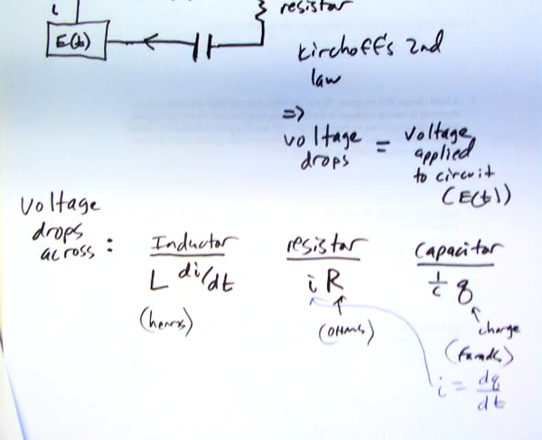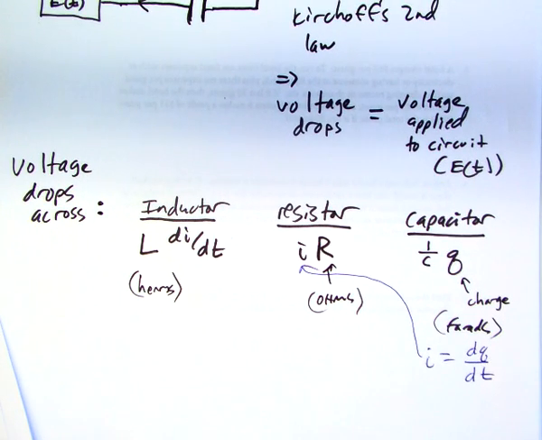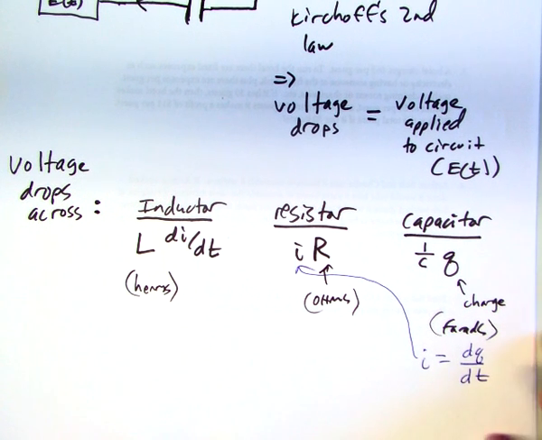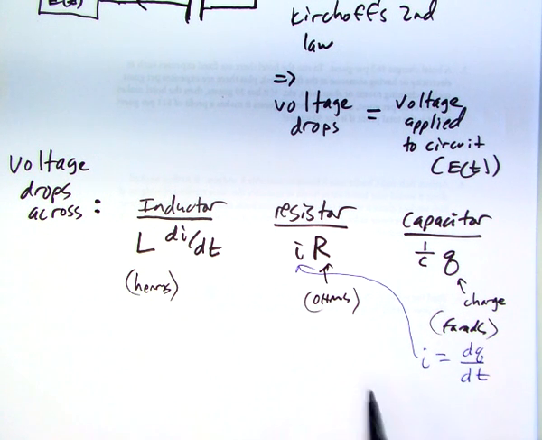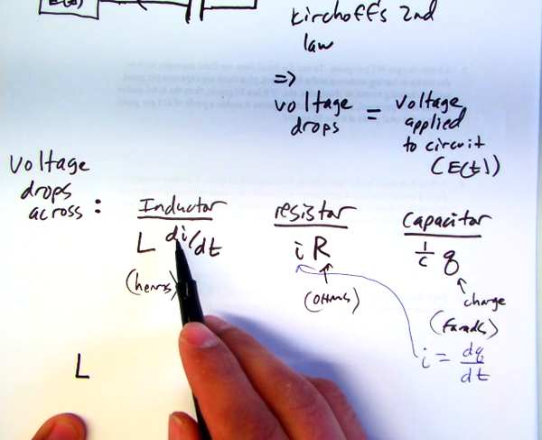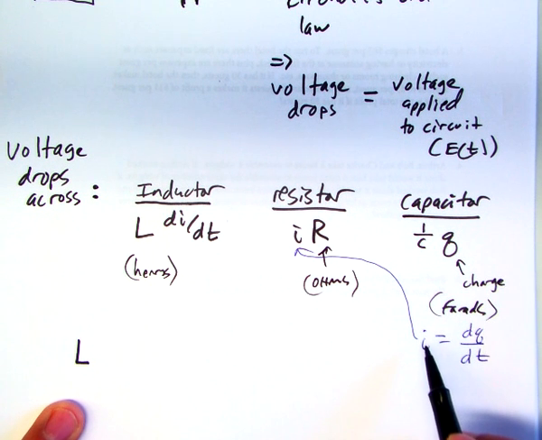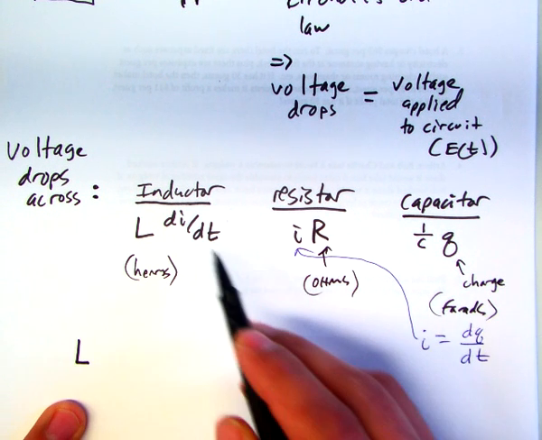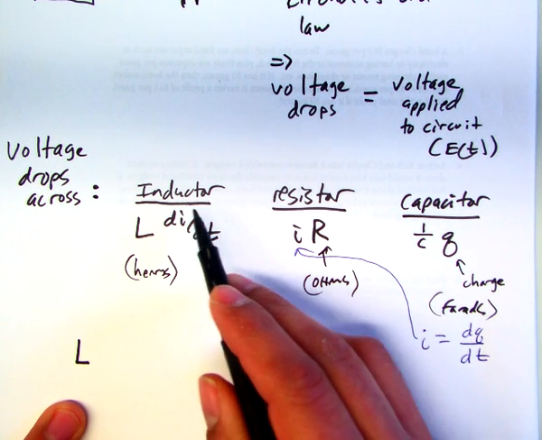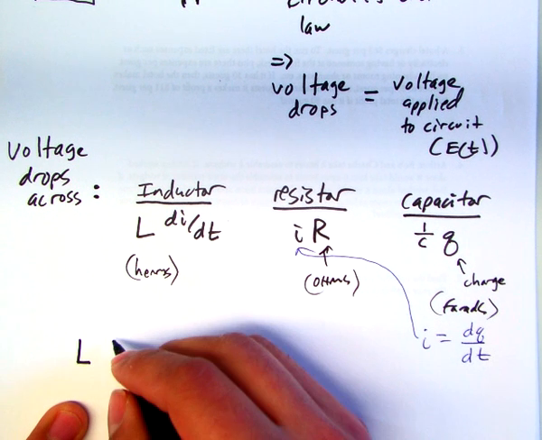And now we have a differential equation that looks suspiciously familiar. If we add all these up, we get L times the first derivative of current, but we know that current is dq dt, so if we leave everything in terms of charge, what would this be? Second derivative, good.